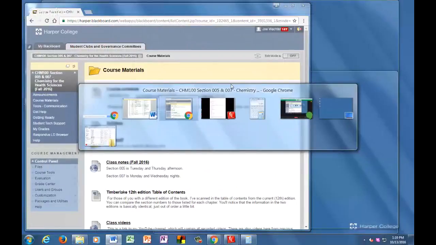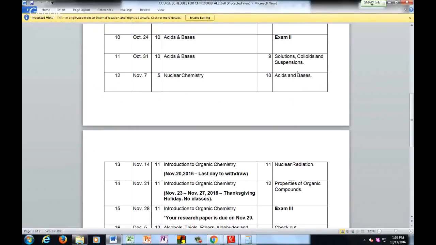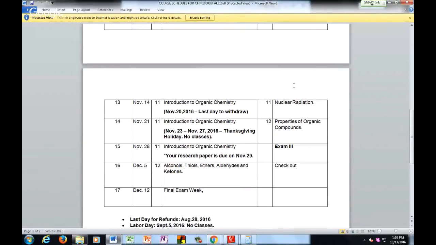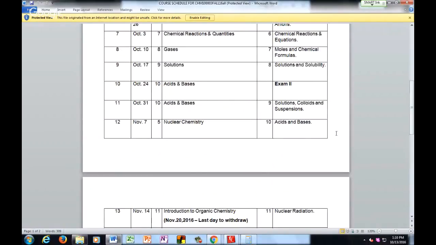So are we going to have a month where we don't have labs? Not exactly, because exams are on lab days, so we'll have 2 more lab days taken up with exam 2 and exam 3. The very last exam day is checkout and final exam review. And so that's the 3 labs that we don't do.